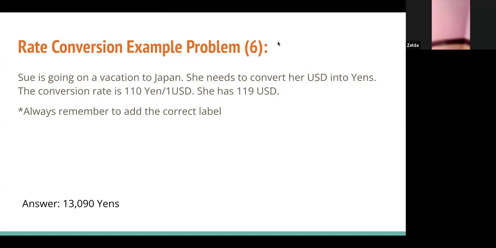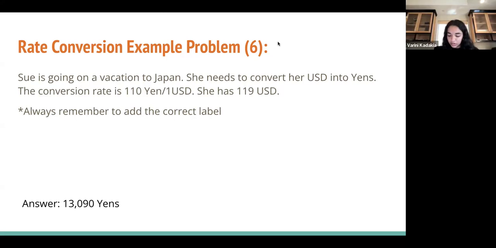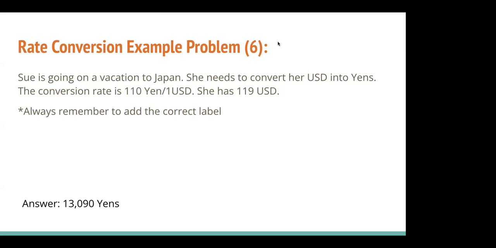So one is using cross multiplication, and then one is using units. Madam, I am trying to say that in Ghana we have Ghana cedis.